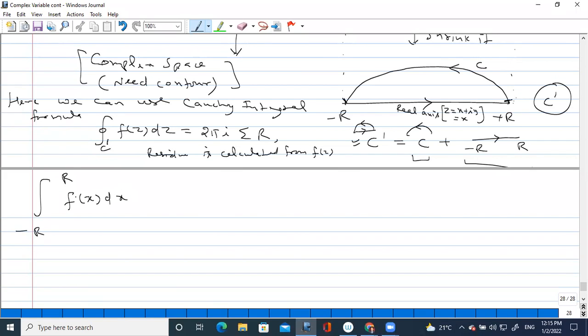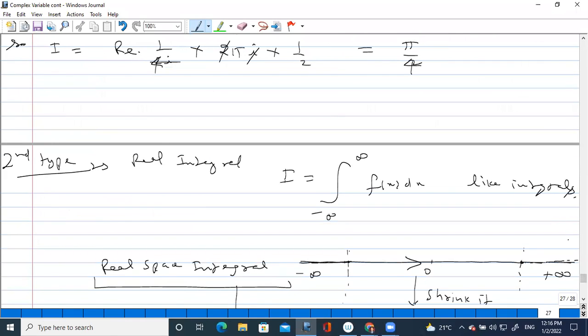So this part is over, and plus the integral over C, which is now an open contour. You can see here this C contour is the open contour. I am talking from here to here, not the line. So C is the open contour, and C dash is the closed contour. Closed contour means it will include the line also.